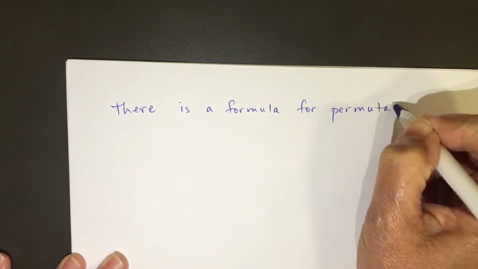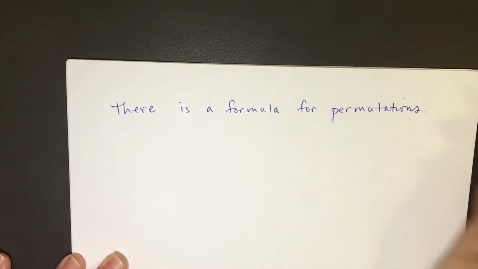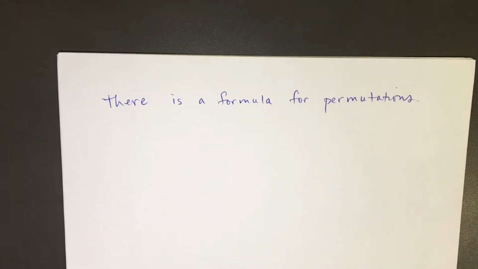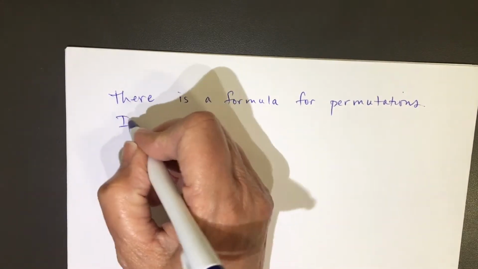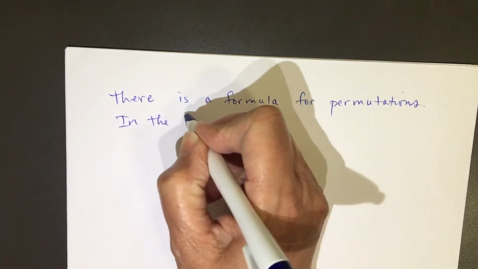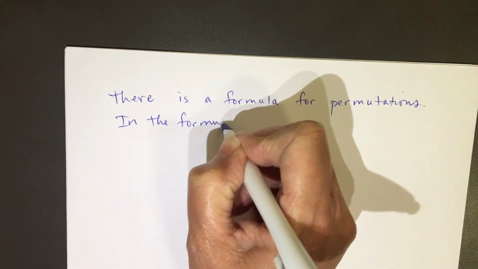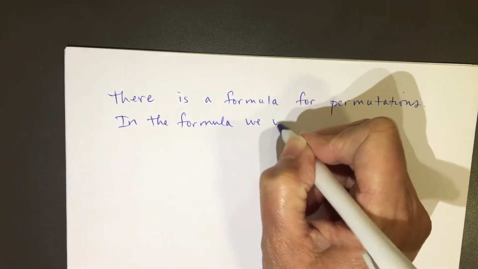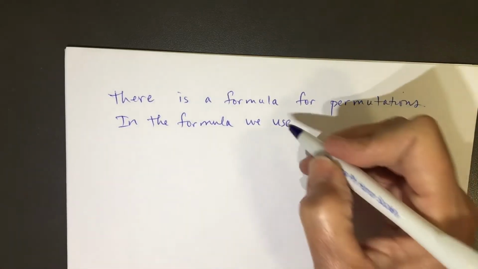There's a formula for permutations. And one thing we use in the formula is something called factorial. In the formula, we use factorials.